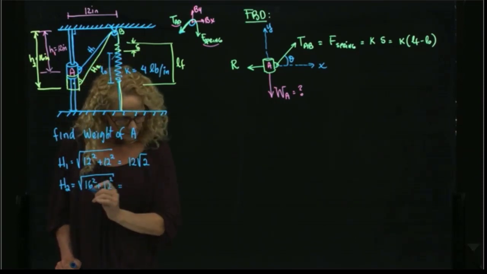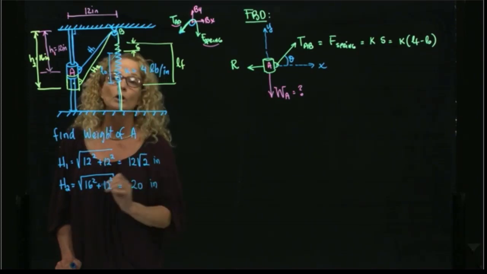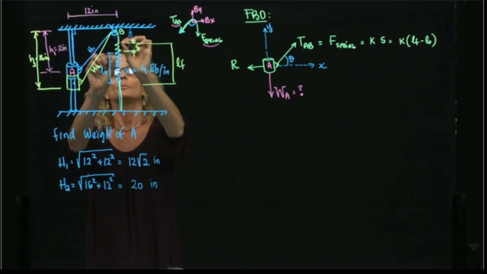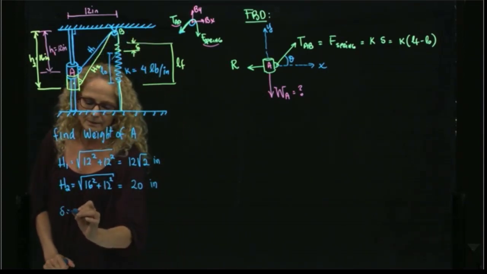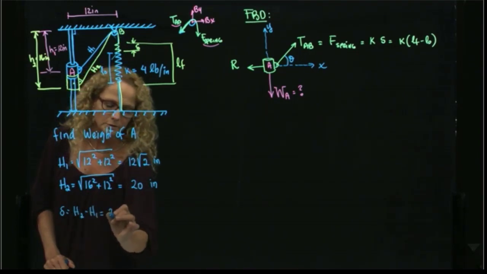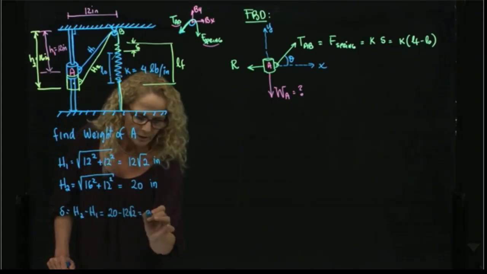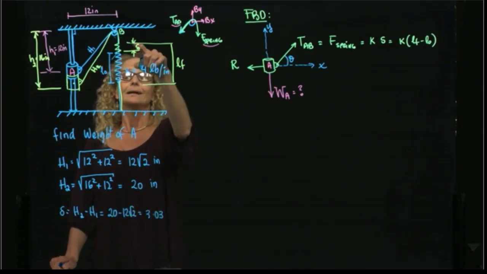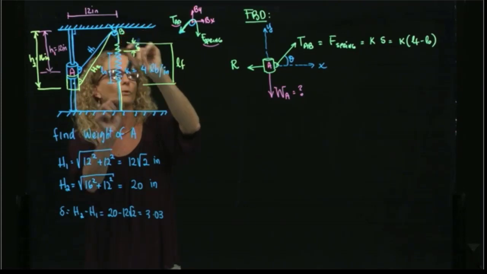And if I calculate that, this gives me 20 inches. So this is 12 square root of 2 inches, and 20 inches. So what I was able to stretch that spring is the difference between those two. So that delta is equal to H2 minus H1, which is 20 minus 12 square root of 2, which is equal to 3.03 inches. And that delta is actually what we were able to stretch the spring.